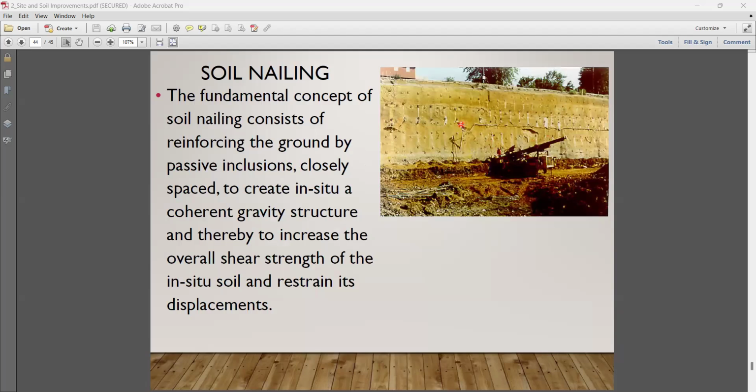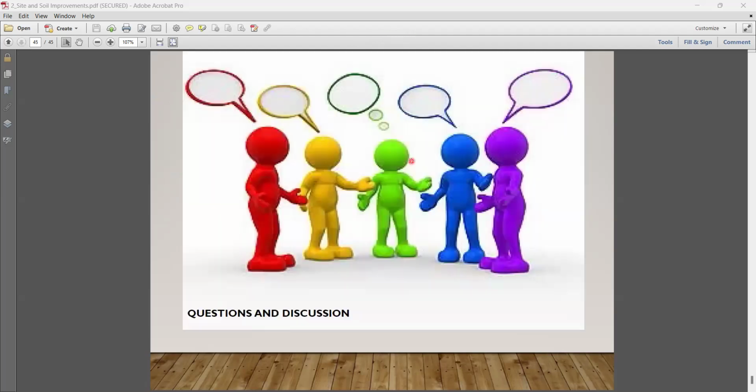I will give you a few more photographs later on how soil nailing is done. You drill a hole, insert a nail with some grout, it solidifies, and then from the surface we connect all the nails. That way it is much stronger in tension. Okay. So that's the end of it.